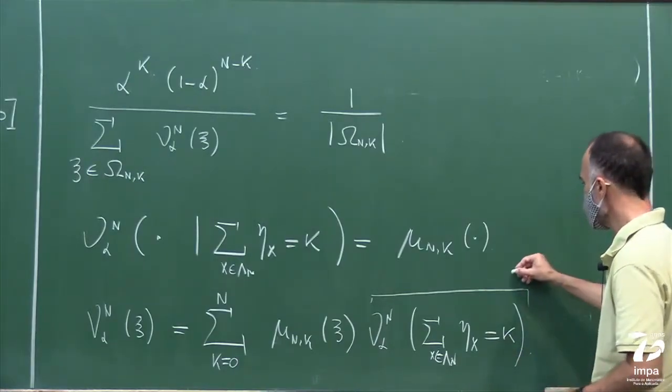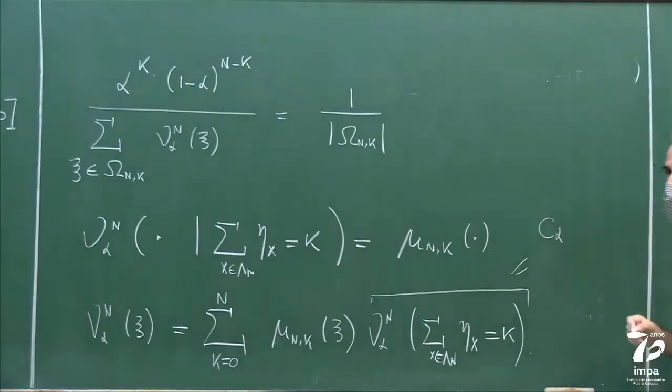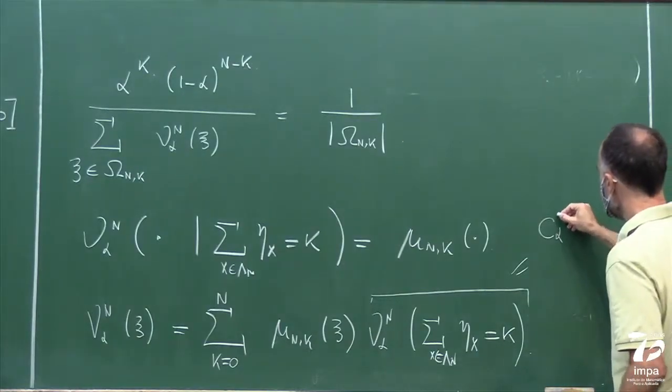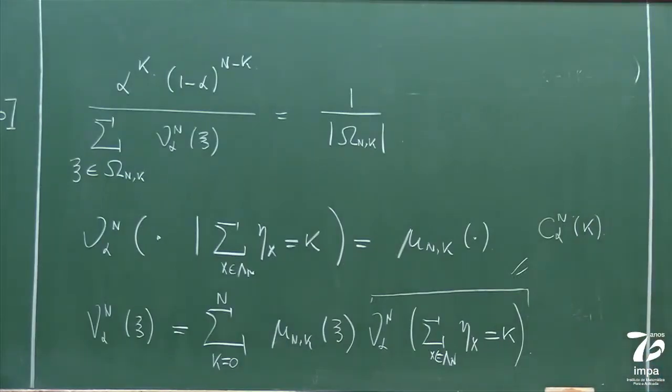So this is a number, let me call it C alpha. It's a number which depends on n and on k. So this is the probability that if you take a Bernoulli measure on n sites, you get k particles.